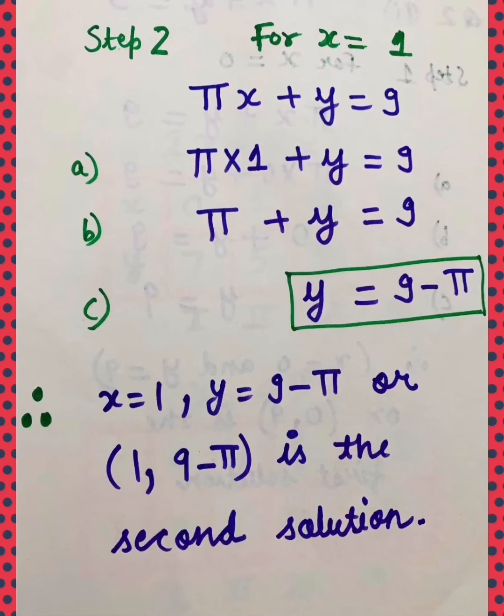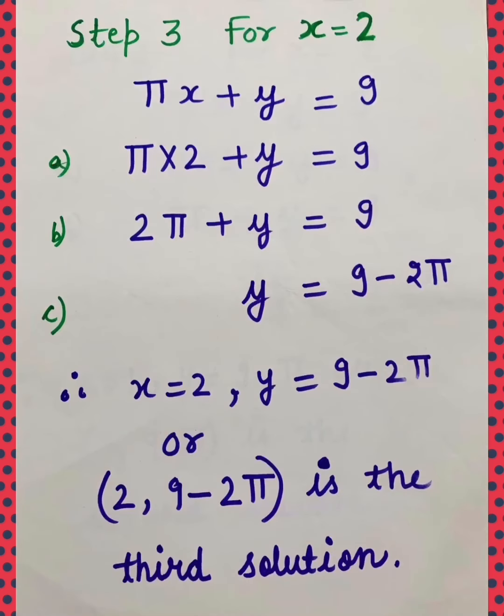To find the third value, children, in step 3 I have taken x equal to 2. Again I will put this value in the given equation, pi x plus y is equal to 9. In step A, children, pi x means pi into x means pi into 2 plus y equal to 9. In step B, pi into 2 means 2 pi plus y is equal to 9.